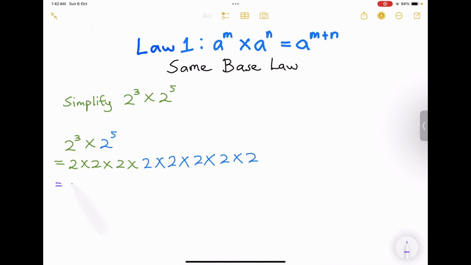Altogether, the number 2 appears 1, 2, 3, 4, 5, 6, 7, 8 times.